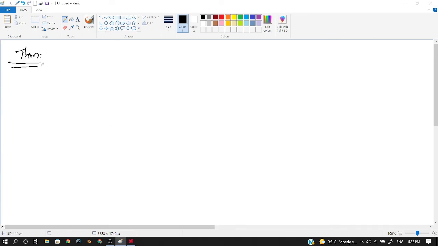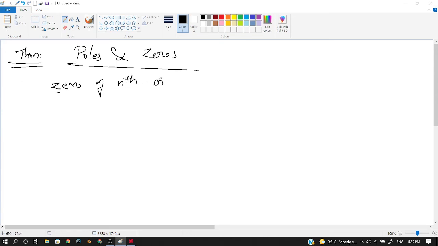Next theorem: poles and zeros. This theorem says, let f of z be analytic at z equal to z naught and have a zero of nth order at z equal to z naught.